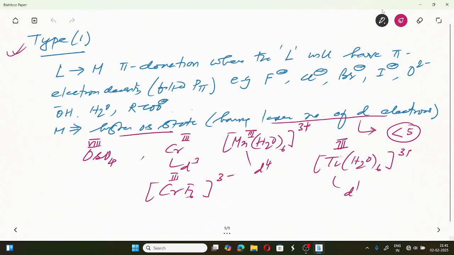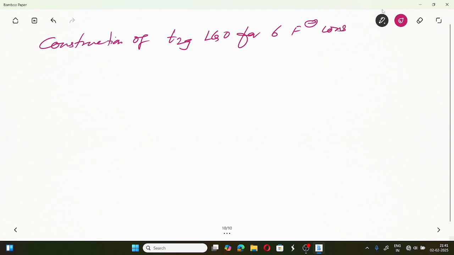So if you look at, say, for example, fluoride, তাহলে আমরা ধরো construction of T2G LGO for, say, 6F minus ions. যে কোনো নিতে পারো, আমি ফ্লোরাইড নিচ্ছি, বোঝাতে সুবিধা হবে, just for simplicity.